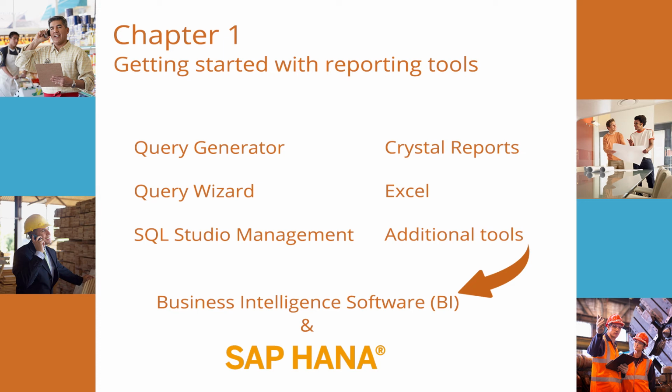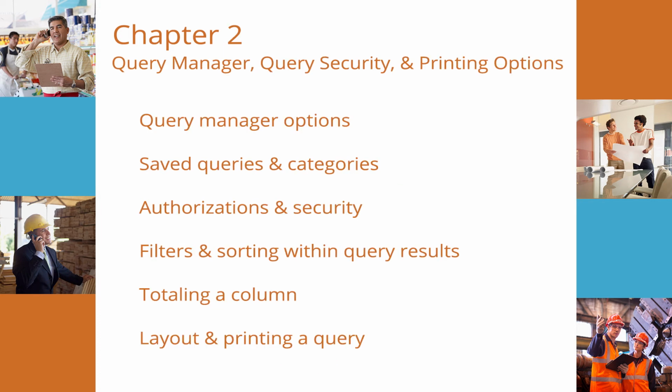There are so many different BI tools. And obviously, HANA comes with the HANA Analytics, which enable you to create a lot of views, dashboards, graphs, and things of that nature. All right, we covered Chapter 1. Chapter 2 is the Query Manager, query security and printing options.